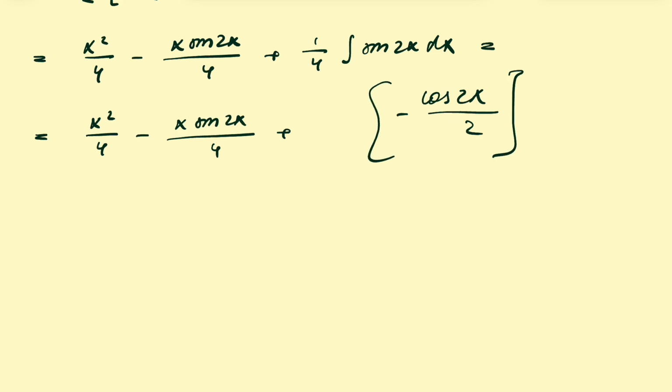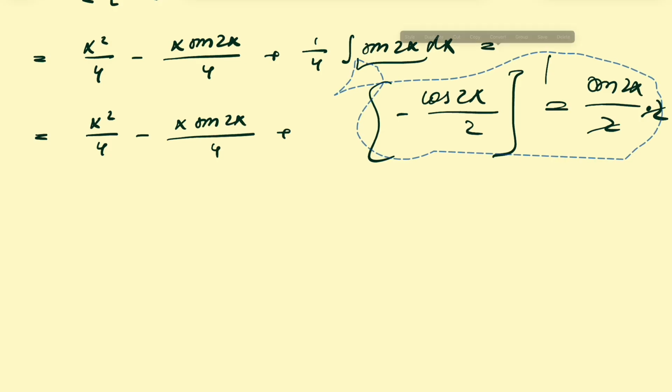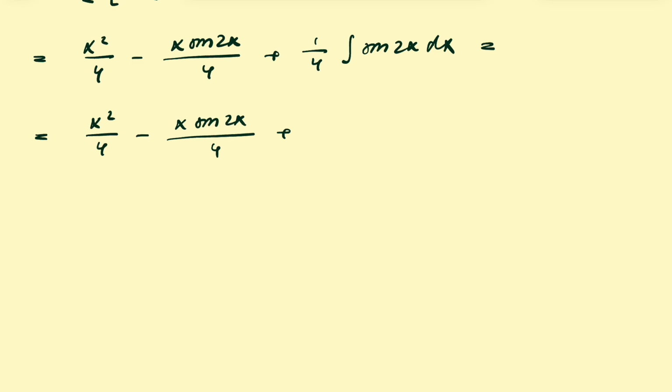Like its derivative will be sine of 2x over 2 times 2, since we have 2x here, so we have sine of 2x. It was a quick check. Therefore, keeping in mind that 2 that we obtained here, we can directly write 1 over 8 times, or even better, we can write just sine of 2x over 8 and add some constant.